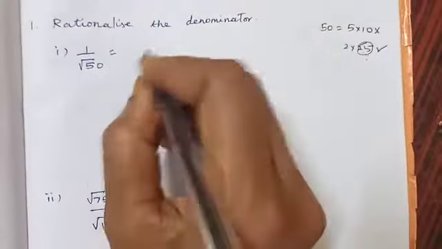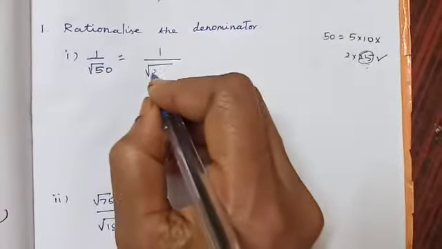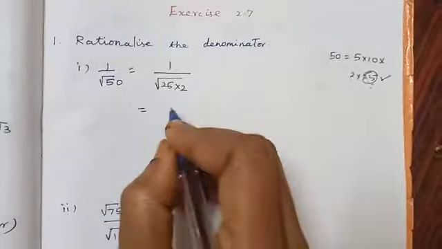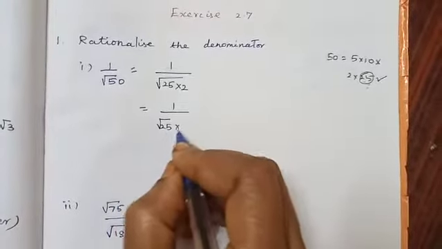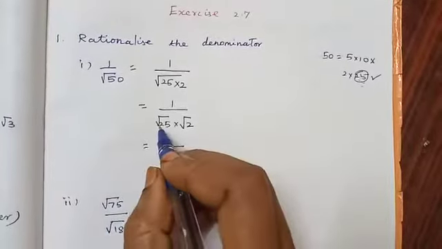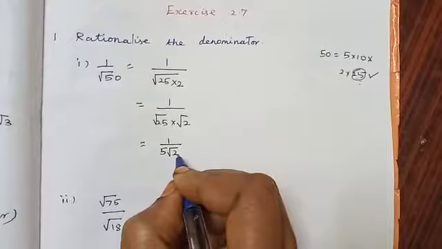So 1 by root 50 we write as 1 by root of 25 into 2. That is equal to 1 divided by root 25 into root 2. That is equal to 1 by root 25, the answer is 5. So 5 root 2.